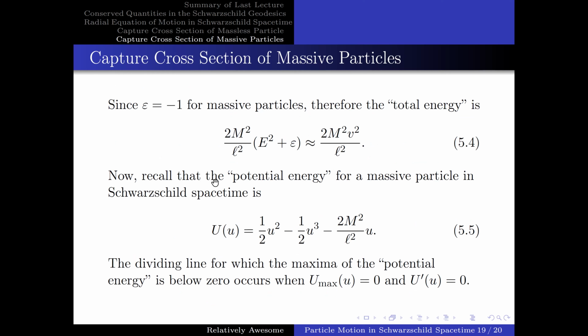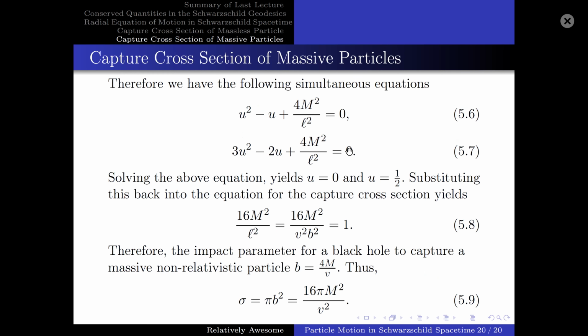Now, recall that the potential energy for a massive particle in Schwarzschild spacetime is as follows. The dividing line at which the maxima of the potential energy is below 0 occurs at U max equals 0 and U prime equals 0. Therefore, we have the following simultaneous equation. Solving the above would yield u equals 0 and u equals a half.